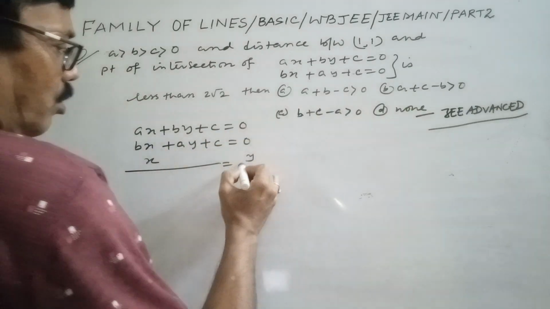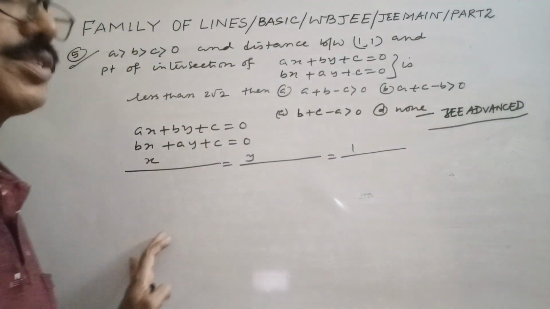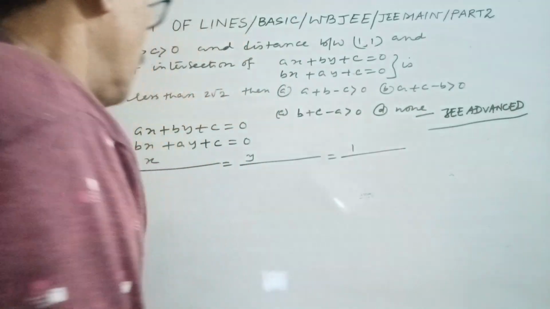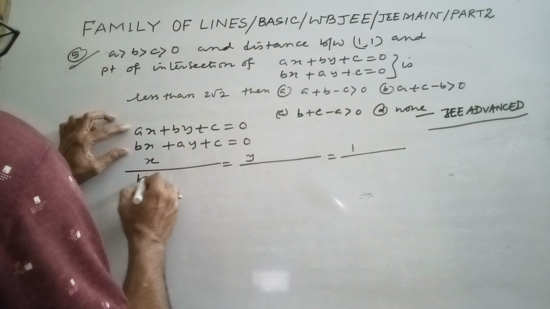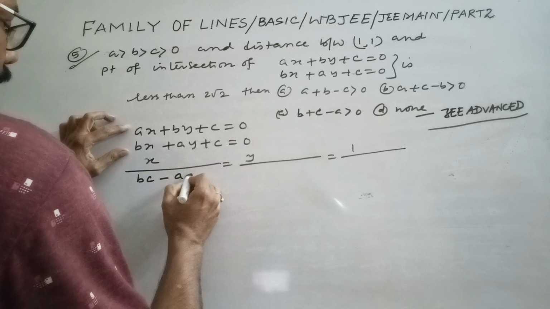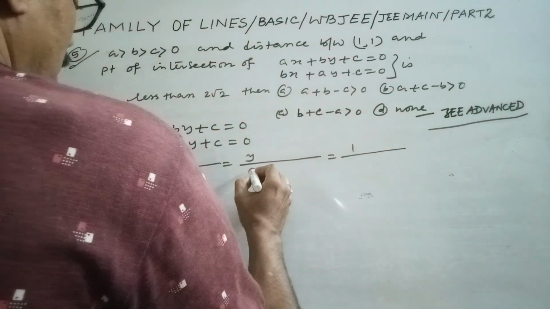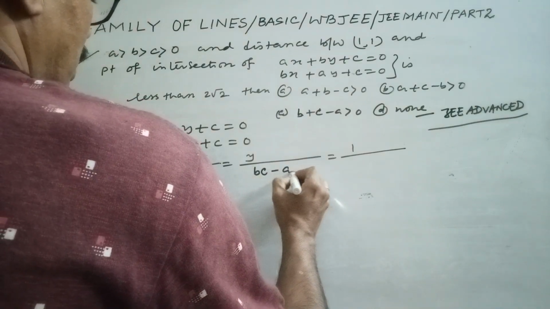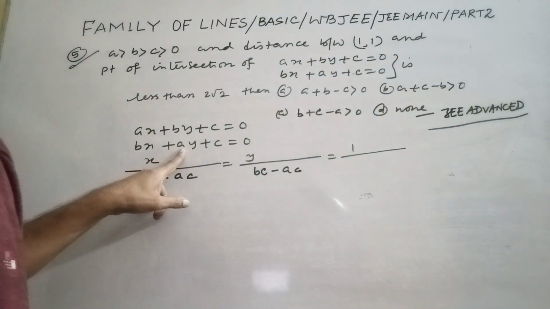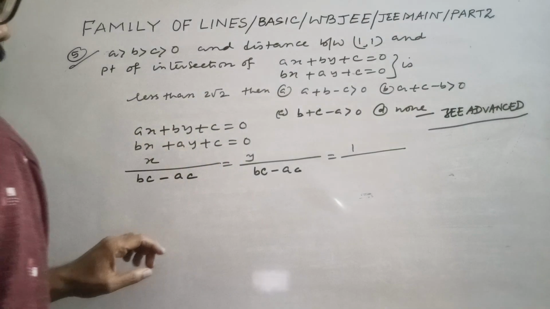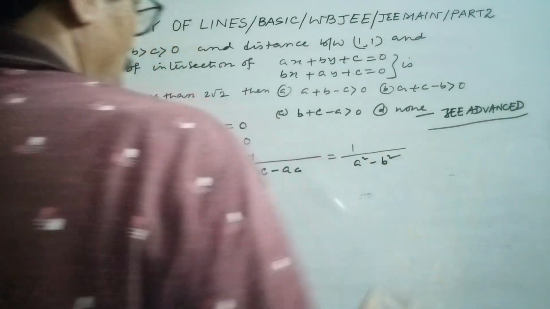To find the point of intersection, you have to use the method of cross multiplication. So x by bc minus ac, y by bc minus ac, and this is a square minus b square.